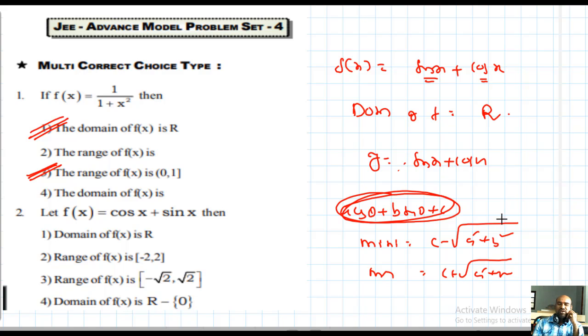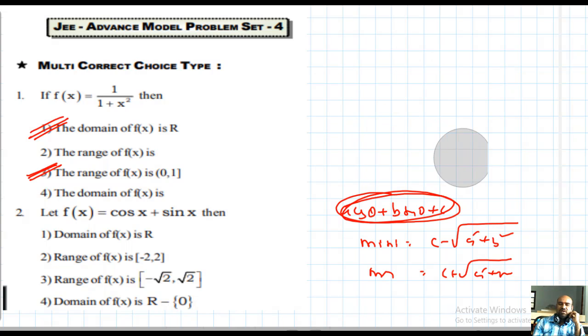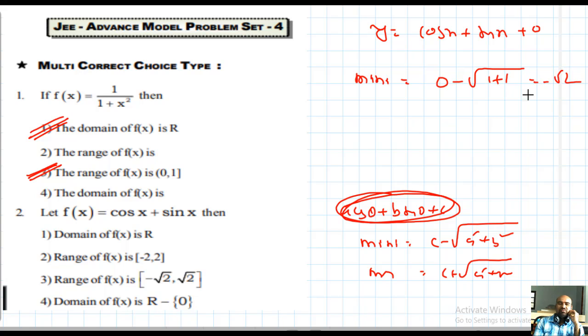Like that, here a is 1 and c is 0 only. So what I can say, I will write here, y equals cos x plus sin x plus 0. So the minimum equals 0 minus root over 1 plus 1, that is minus root 2.